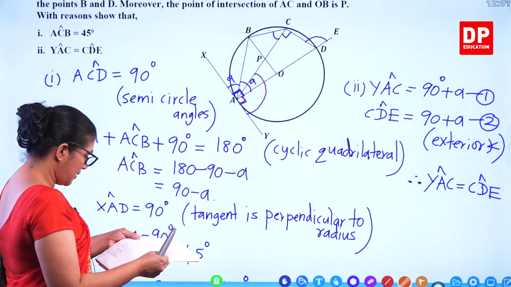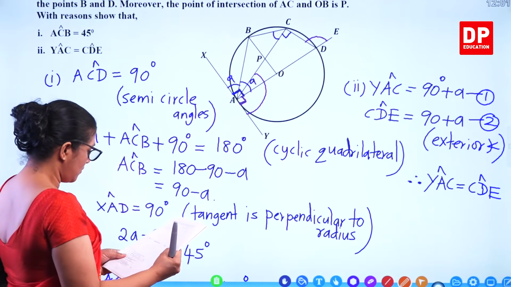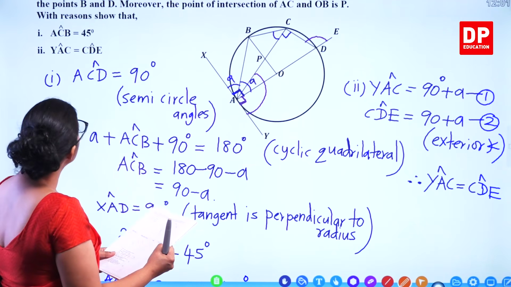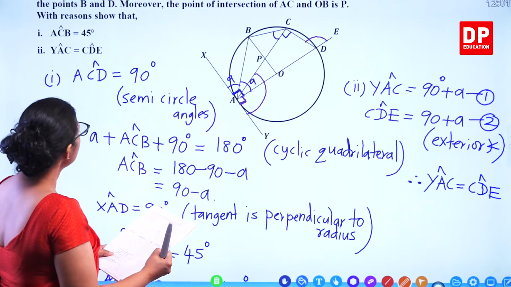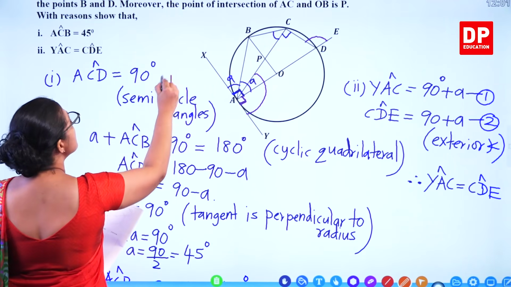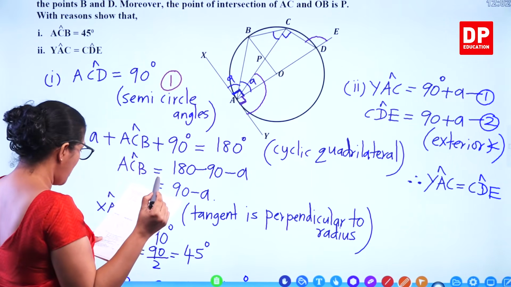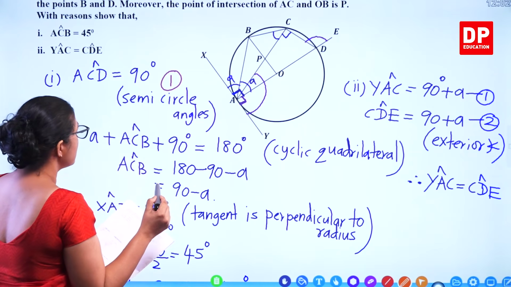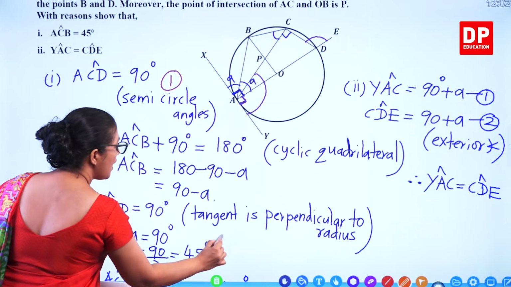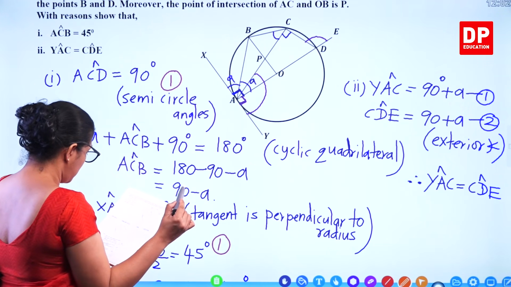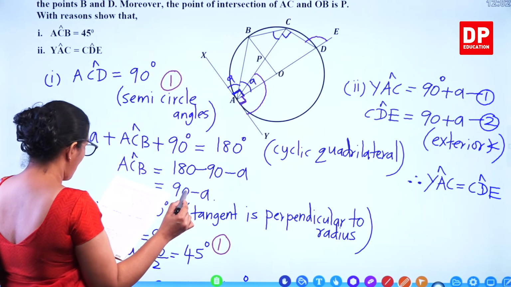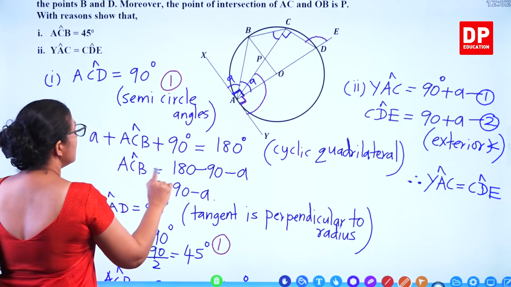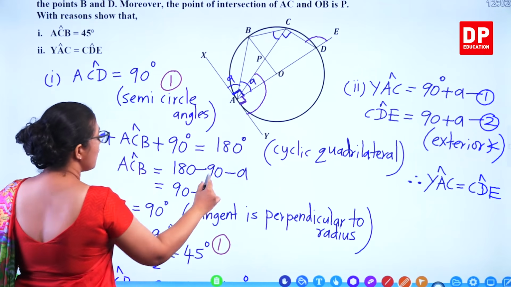Now we'll see how many marks for these two steps. This is the first part, you get 4 marks. Semicircle angle 90 degrees, 1 mark. Showing that this is 45, 1 mark. ACB, showing that it's 45, 1 mark.